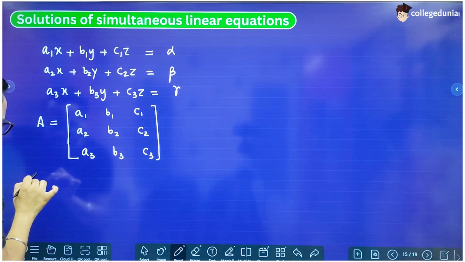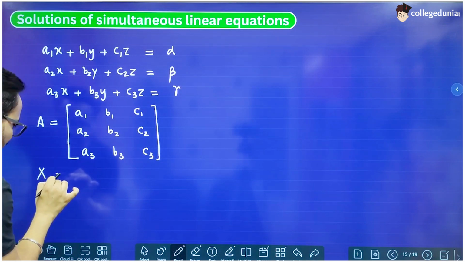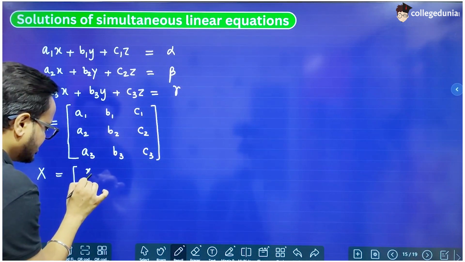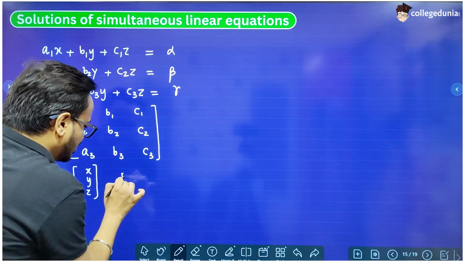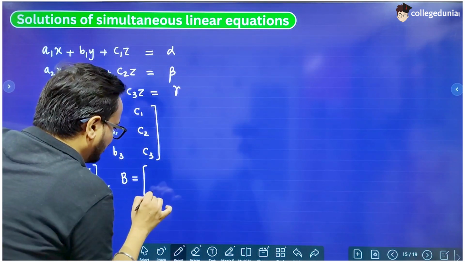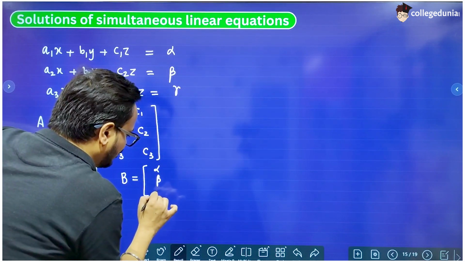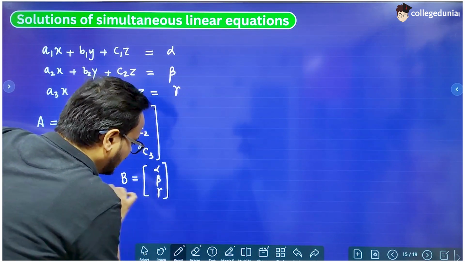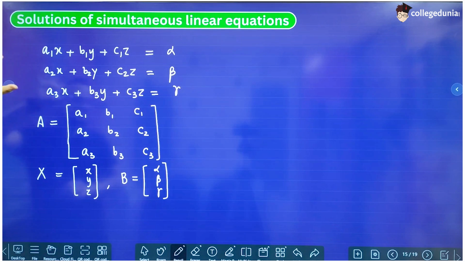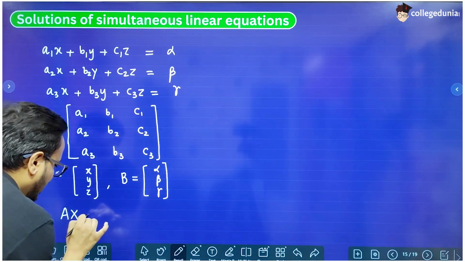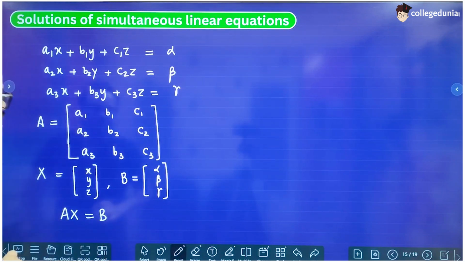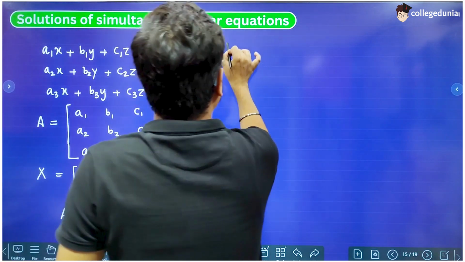Right? Then you will make another matrix, capital X, which is x, y, z, and you will make another matrix, capital B. In one column you will write alpha, beta and gamma. So this set can be written like this: AX equal to B.